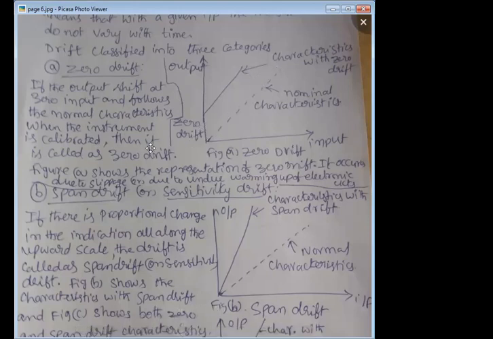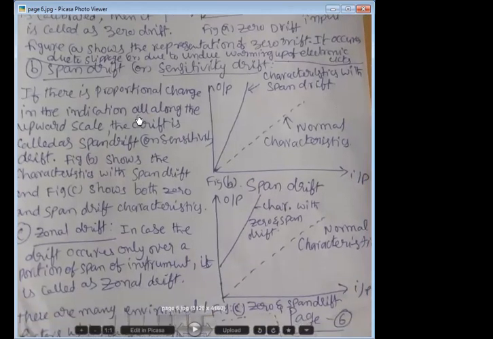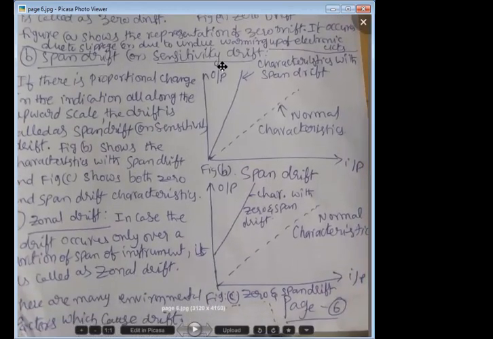But due to some spring systems, it does not follow the actual characteristics. It is having some initial output value, so this will be removed by resetting. This zero drift will be removed by pressing the reset button in the instrument. And coming to span drift or sensitivity drift.